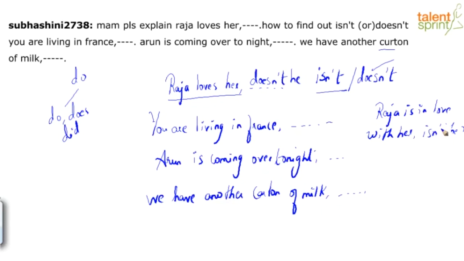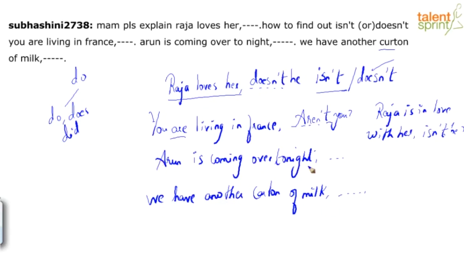Following? Okay. You are living in France, aren't you? So isn't and doesn't both don't apply here. We are going by: you are living in France, aren't you? Is there are? Yes.